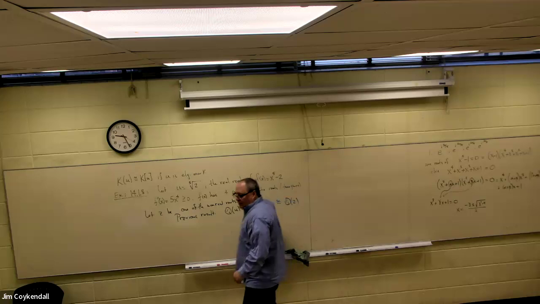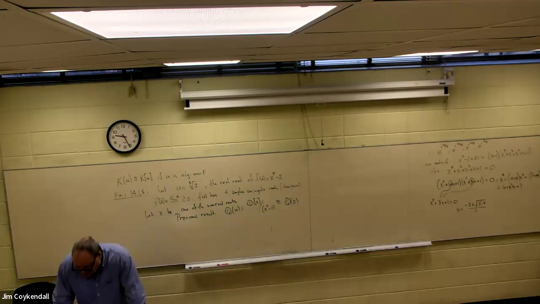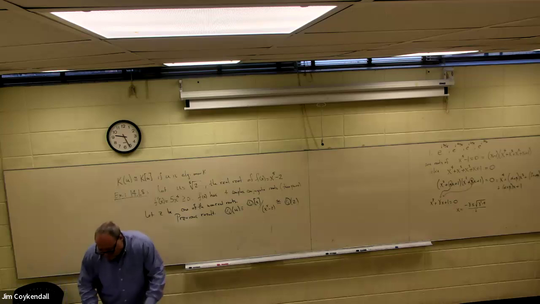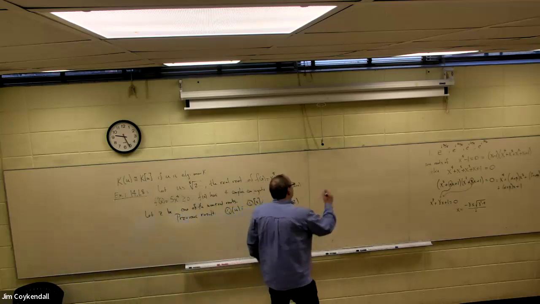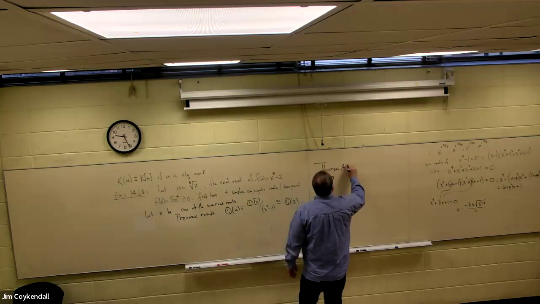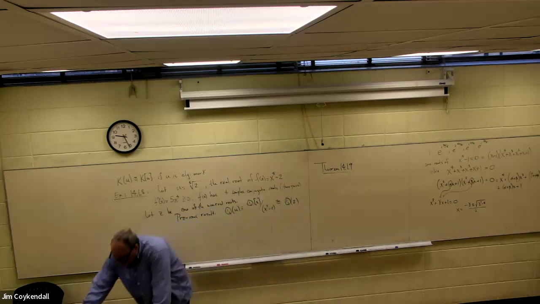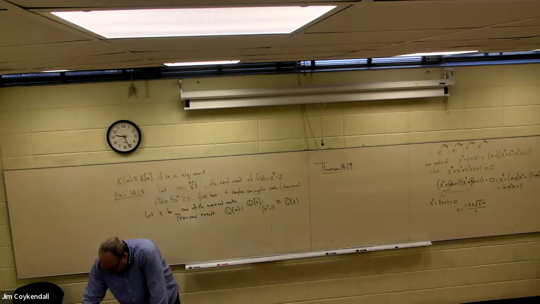Of course, that polynomial being the minimal irreducible polynomial for those elements is important. Theorem 14.19. Let's suppose that we have an isomorphism of fields.